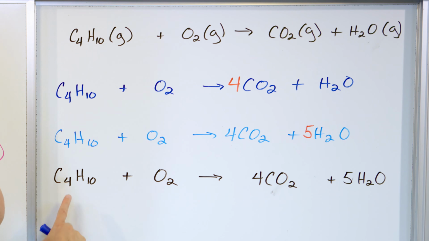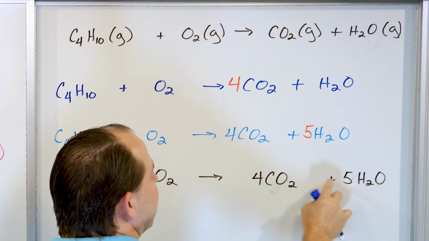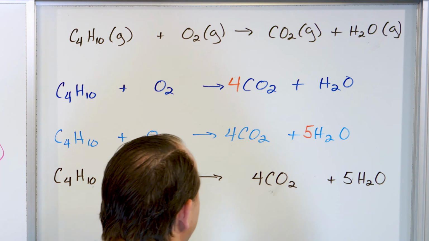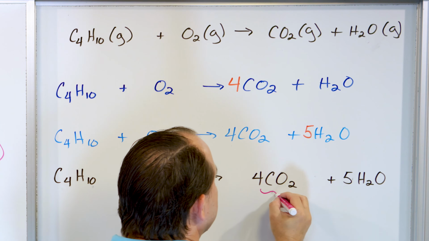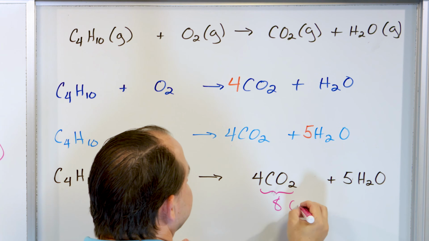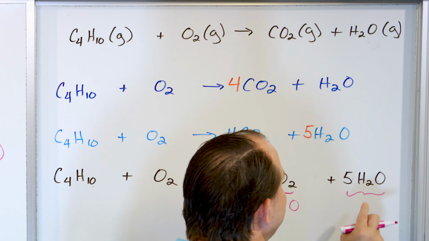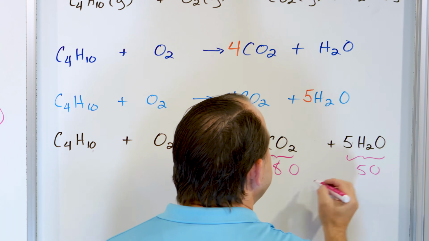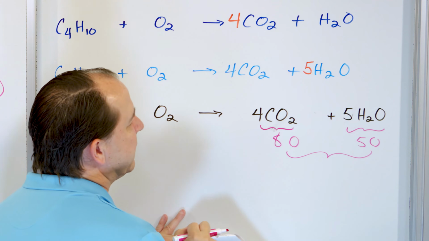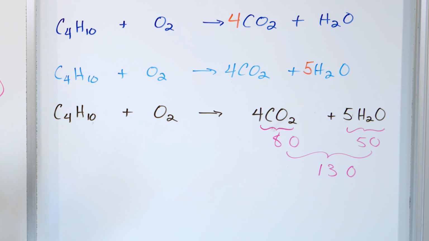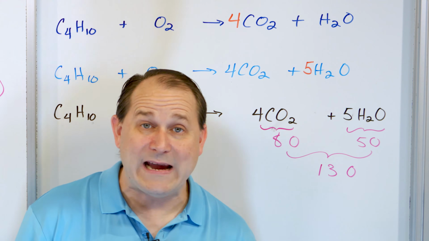All right, from the top, 4 carbons, 10 hydrogens, 5 times 2, that's 10 hydrogens. Now, I don't have enough oxygen. How many do I have right here? Well, the oxygen from right here, there's 8 of those. 2 times 4 is 8 oxygens. And then from right here, there's 5. 5 times 1 is 5. And then altogether, 8 plus 5 is 13 oxygens. So there's 13 oxygens on the right.